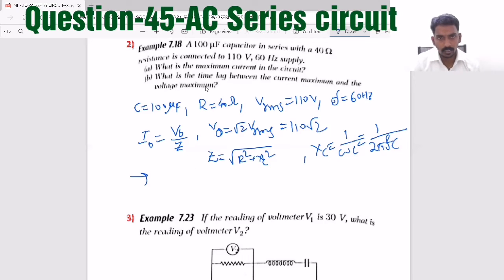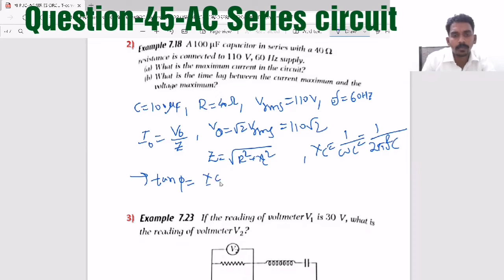The same thing: what is the time lag between the current maximum and the voltage maximum? So here they are asking for the time lag. First of all, you have to find the phase difference between voltage and current.